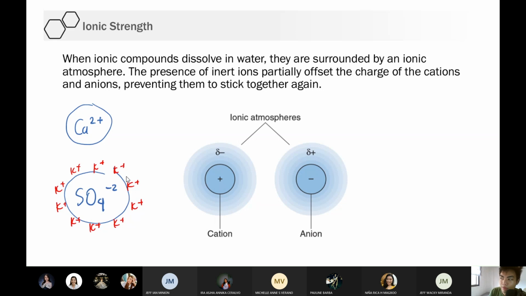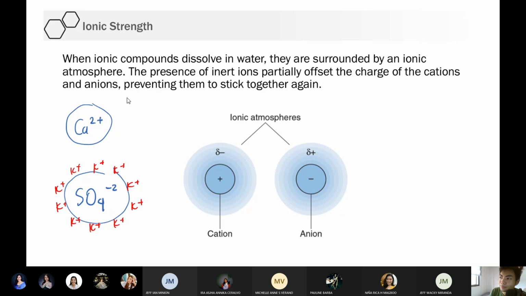So the overall charge of this sphere will be reduced because the majority of its charge will now be bound to the potassium ions. That means the charge of this ion will be partially offset, or decrease, because of the presence of the counter ions.